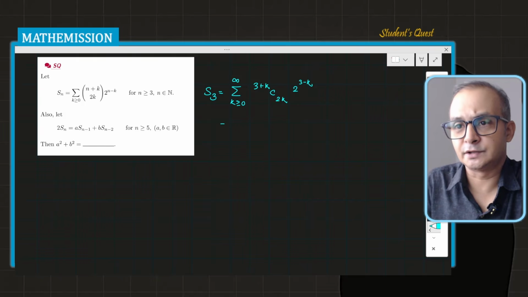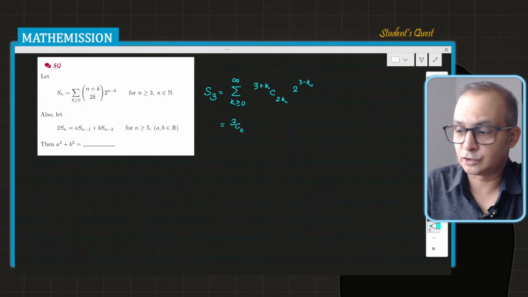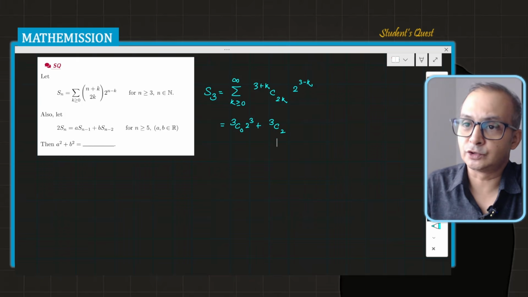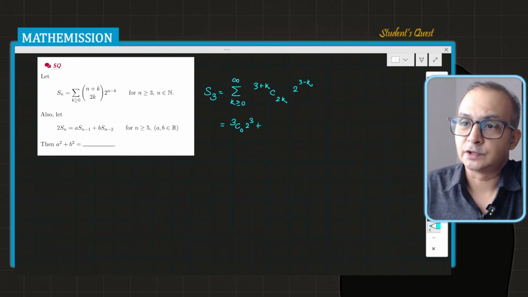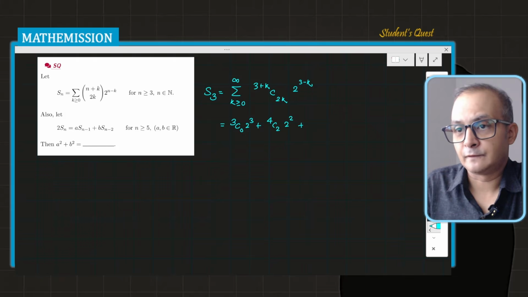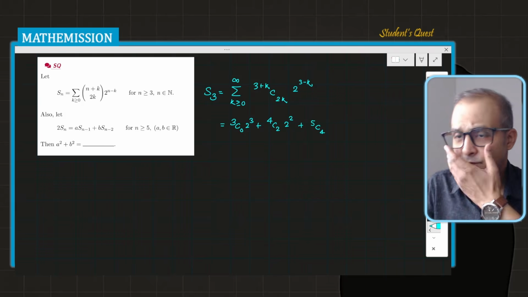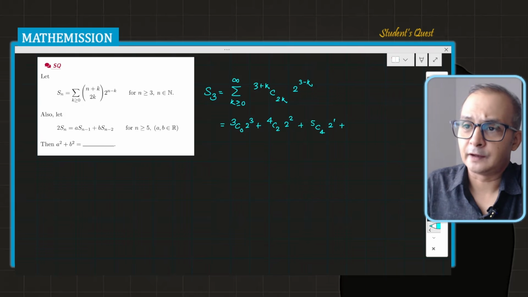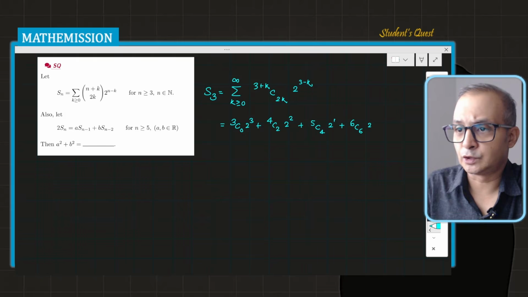Writing it out: 3C0 times 2 cubed, plus 4C2, because you substitute n is equal to 3 and k is equal to 1, times 2 squared, then 5C4 times 2 to the power 1, and finally 6C6 times 2 to the power 0.